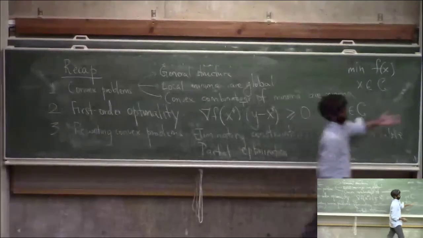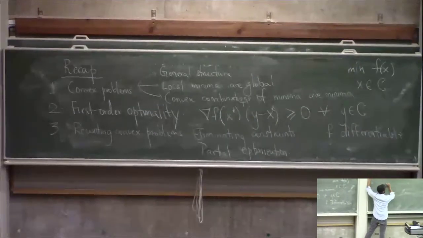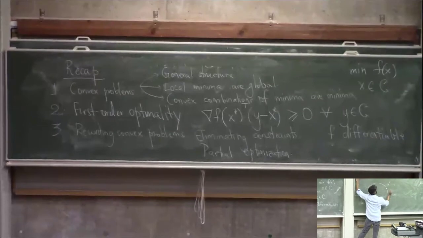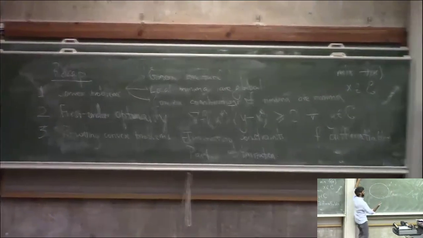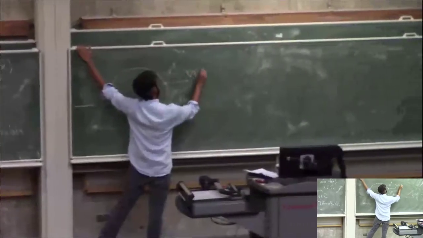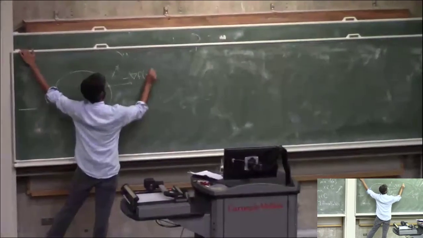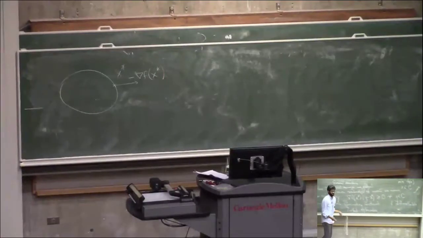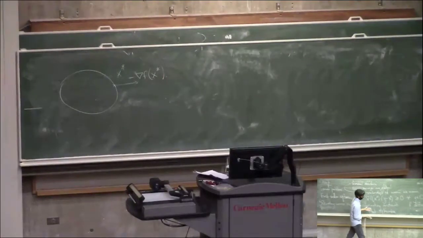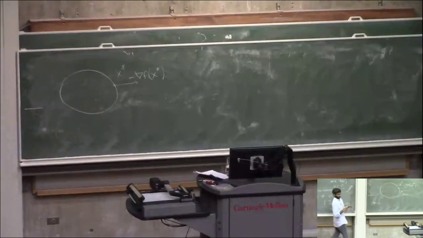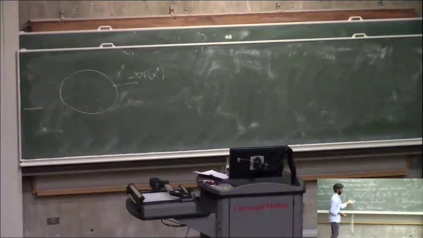set. So pictorially, you have some convex set, and if some point x star is optimal, then it must be the case that if I look at the negative gradient, it must point somehow outside from the set. Right? So this is the negative gradient at this point x star. It has to somehow push you out of the set if x star is to be optimal. And if an interior point happens to be optimal, then this is equivalent to the condition that the gradient is 0.